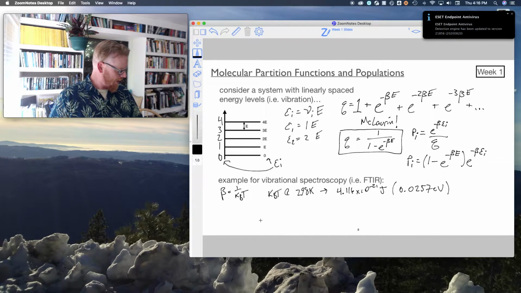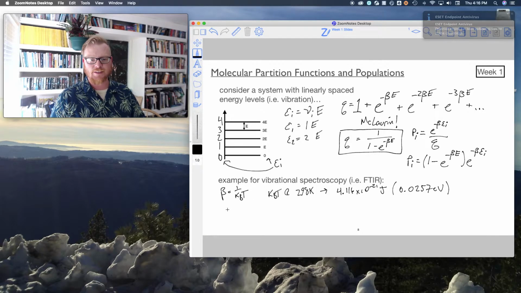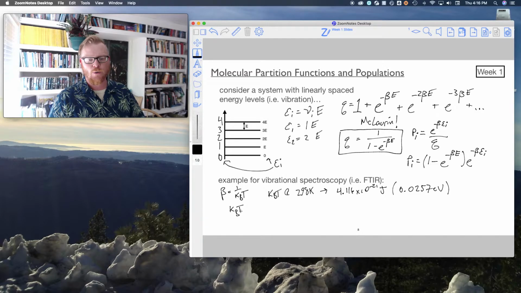So to make that conversion, okay, what I need to do is say K Boltzmann T, which remember the product KBT gives me energy, divided by hc. So when I say KBT divided by hc, it's going to give me that value in units of wave numbers.